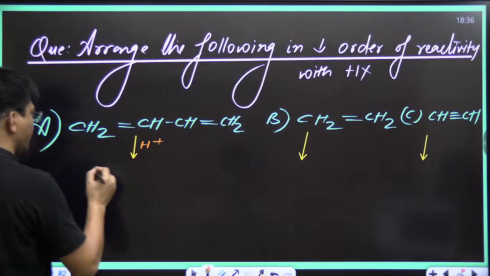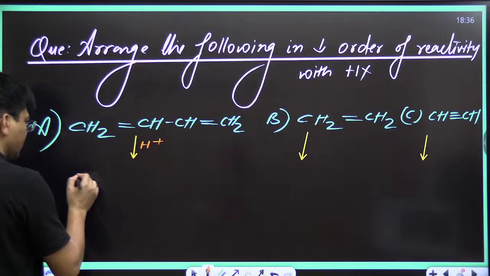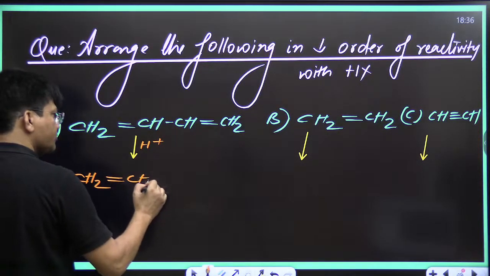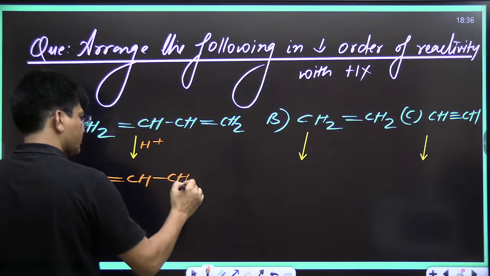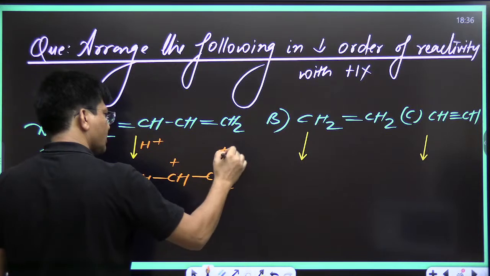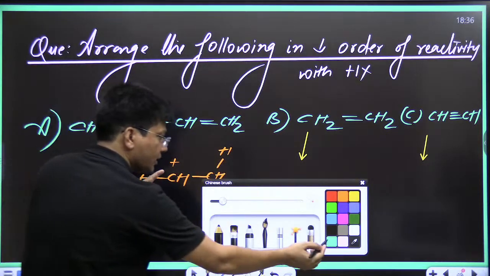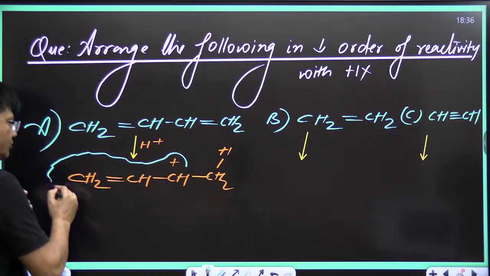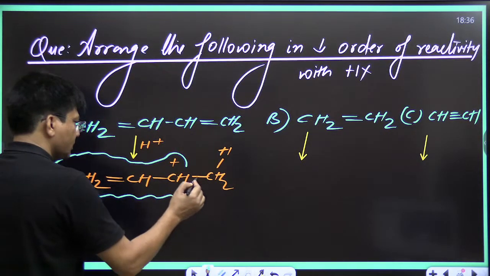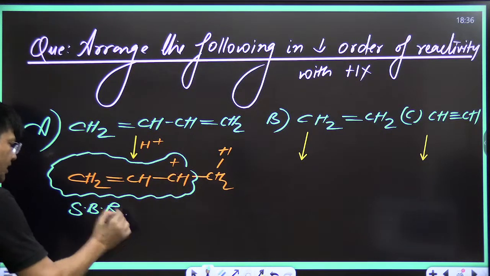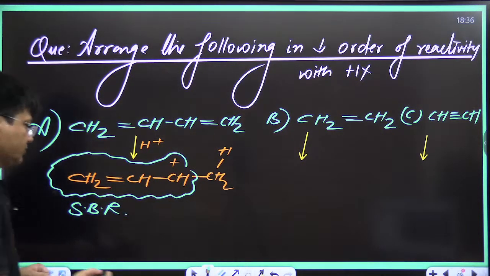Here what you are going to get is a compound like this, CH2 double bond CH positive CH2H. Now you can see this carbocation is resonance stabilized. Just see, it's doing resonance from here to here. Stabilized by resonance, SBR.